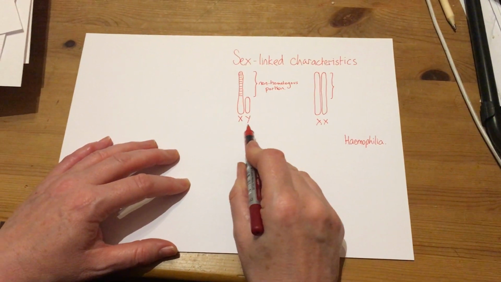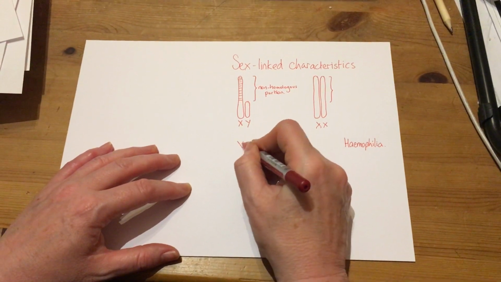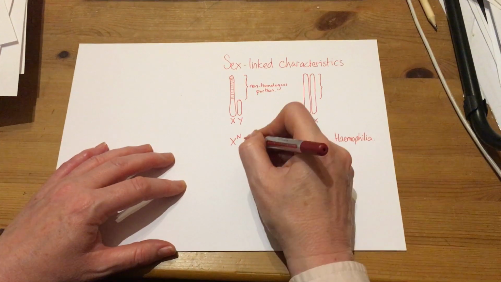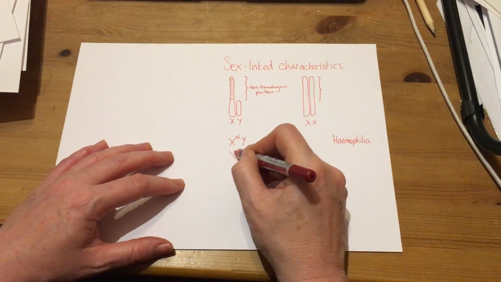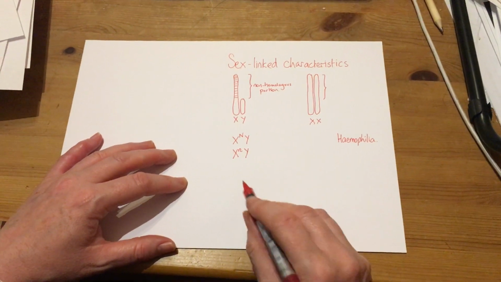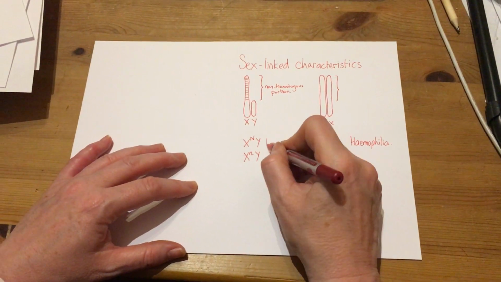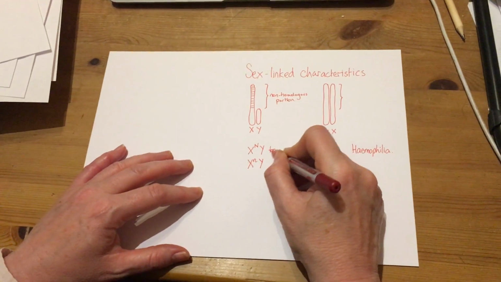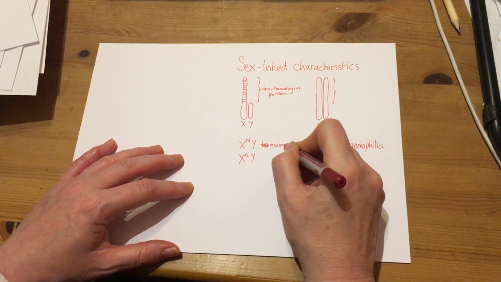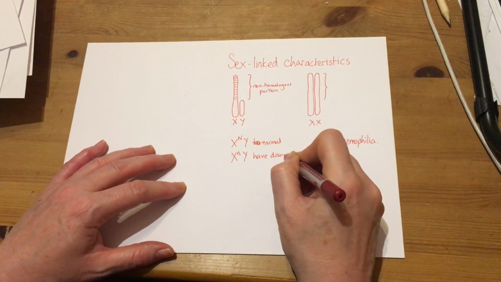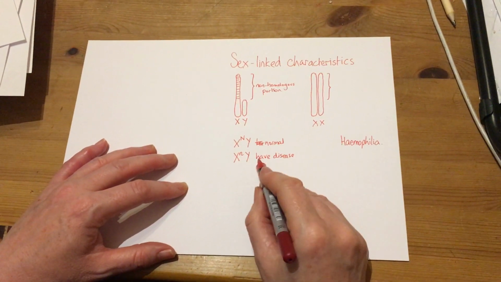So in males, you can have the X chromosome carrying a normal gene and the X chromosome carrying a hemophilia allele. So males either are normal, or have the disease. Those are our two options for men.